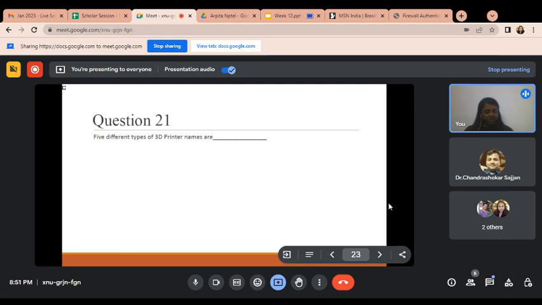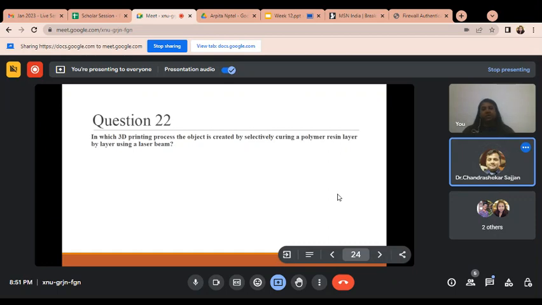Stereolithography, selective laser sintering, and laminated object manufacturing. Okay, good.